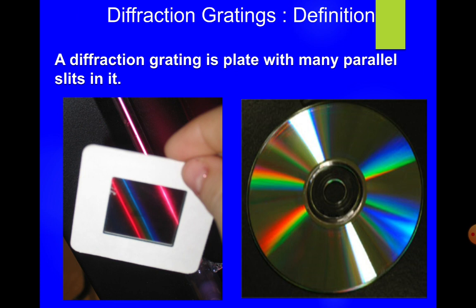Now, a diffraction grating is where we have a lot of openings very close to each other, which means that the light shines on multiple openings. If you have a CD at home and you bend it a little bit, you will see the effect of white light splitting into fringes of different colors.